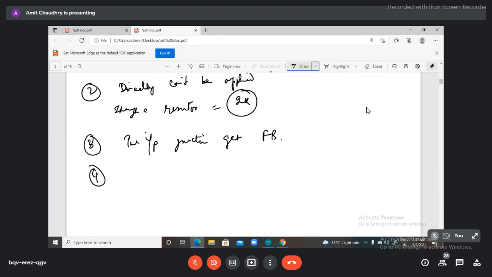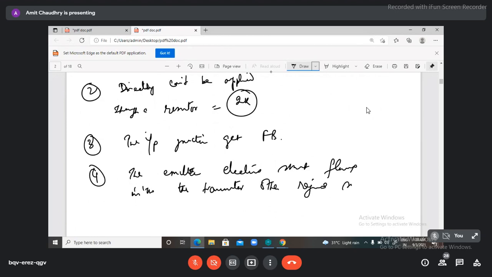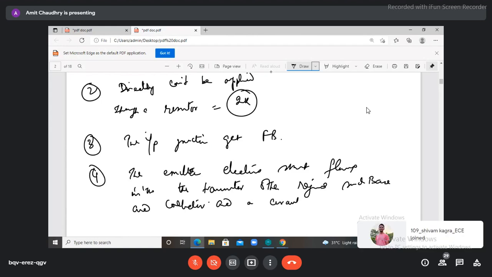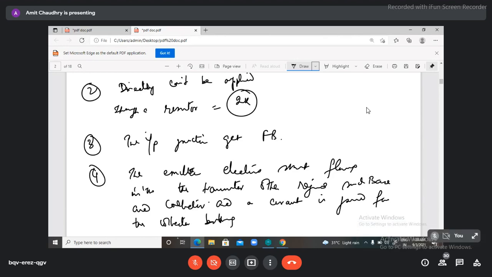Fourth, the emitter electrons start flowing into the transistor's other regions such as base and collector, and a circuit is joined from the collector battery to the ground.